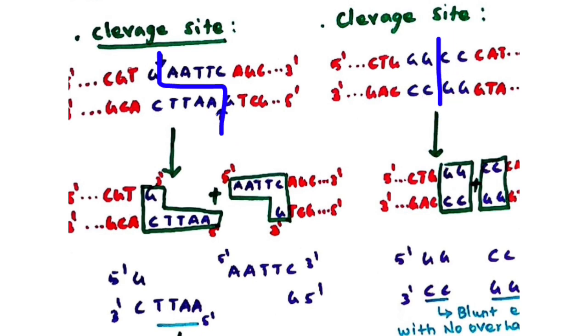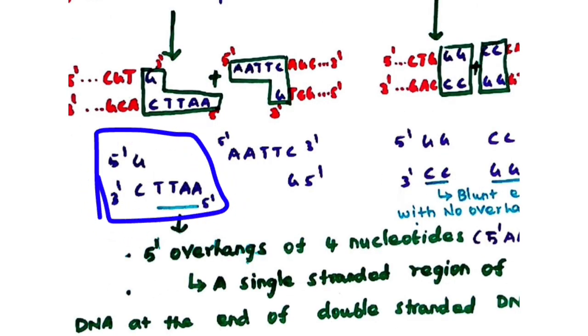This type of cut is known as a staggered cut, that is, an uneven cut, and this is known as a straight cut. This uneven cut makes these two fragments. If you look at these two fragments, you may notice there is a 5' overhang of 4 nucleotides at the 5' end. These are the fragments made by the EcoRI enzyme.